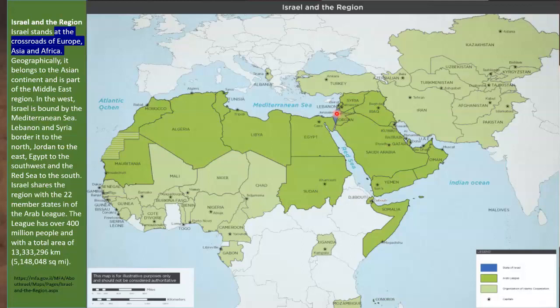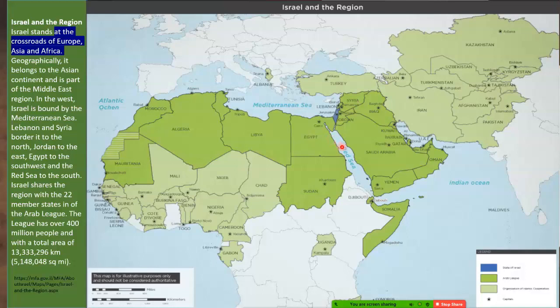In the west, Israel is bound by the Mediterranean Sea, Lebanon, right here, and Syria border it to the north, Jordan to the east, right here, Egypt southwest, and the Red Sea to the south.